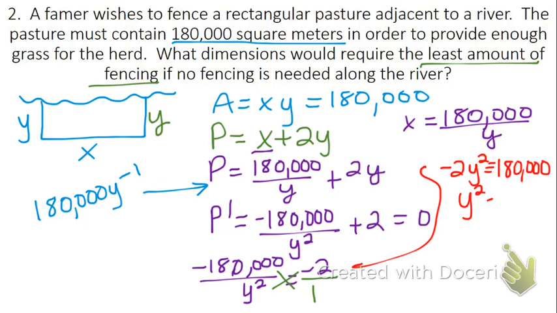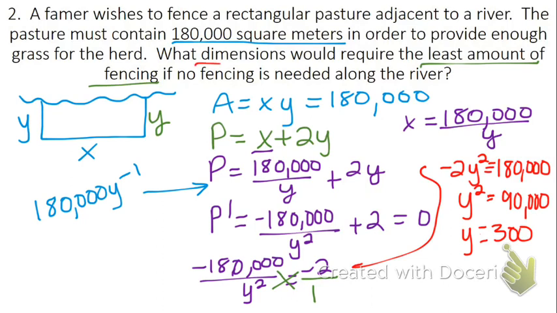Divide by negative 2. Get 90,000. Take the square root on both sides. And I get y is 300.